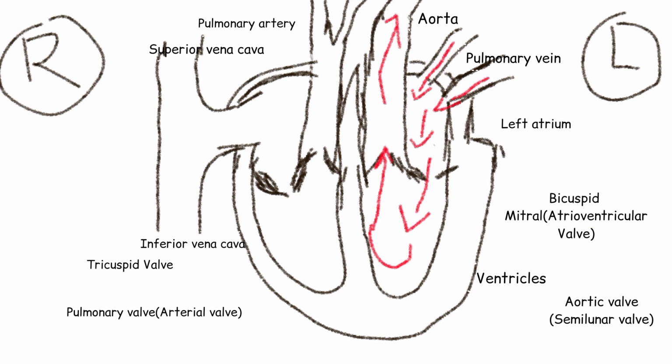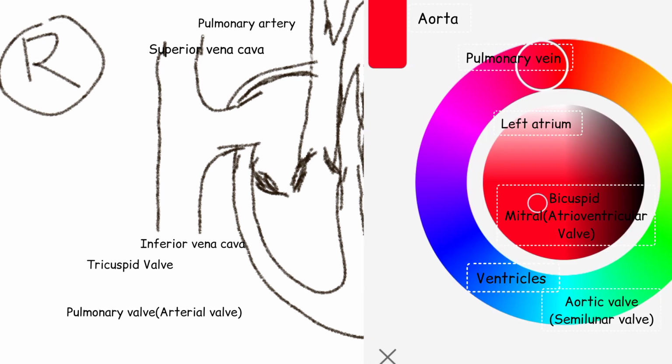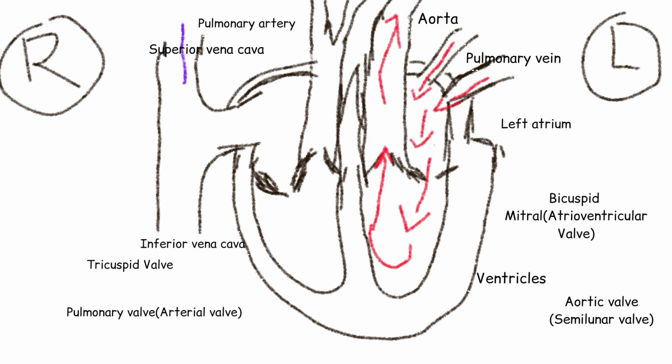So when it arrives back from the systemic venous circulation, from the top half of the body it arrives back via the superior vena cava, and from the bottom half of the body via the inferior vena cava. This partly deoxygenated blood, which traditionally in biology we draw as blue, even though it's not blue, still dark red, drains back into the right atrium, and from there goes through the tricuspid valve into the right ventricle.